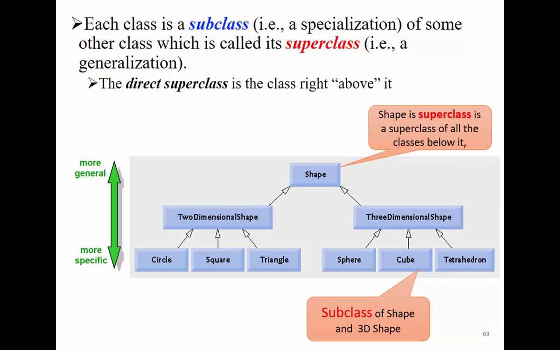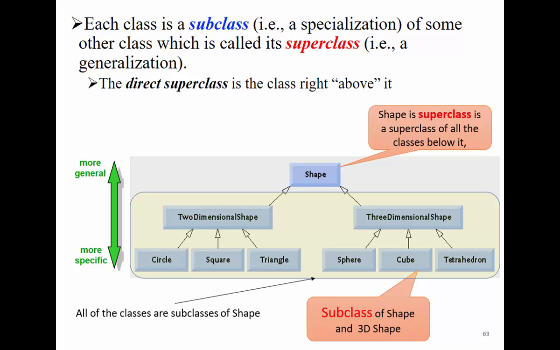This is the subclass, cube, which is a subclass of shape and 3D shape. The immediate parent, the direct superclass of this class, is 3D shape, directly above it. But again, shape is a superclass for 3D shape, and 3D shape is a superclass for cube. All these classes are actually subclasses of shape, because shape is on top of the hierarchy, the superclass.